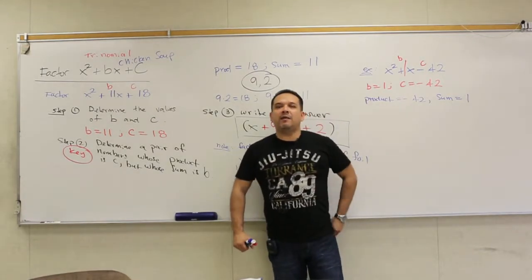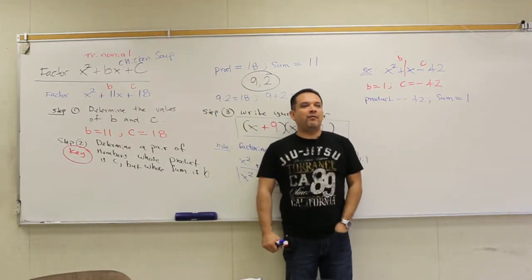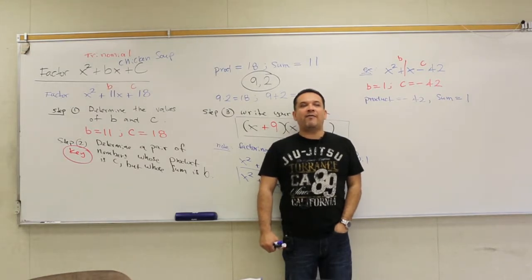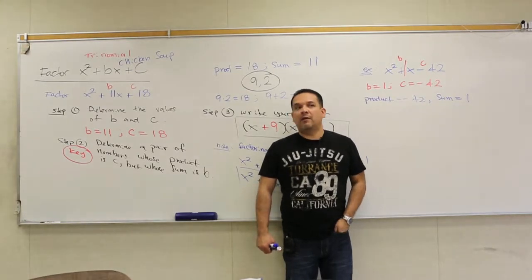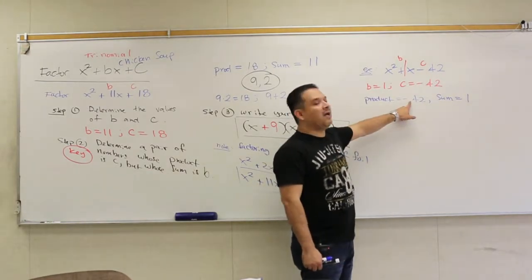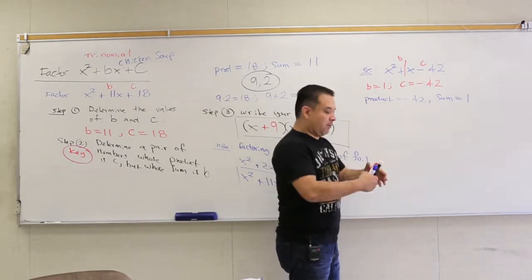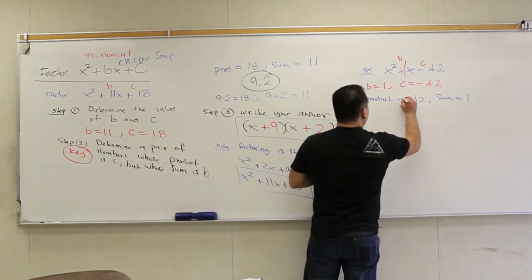Do you guys know what that means? The only way you can multiply a pair of numbers and have it be negative is if what? One of the values is negative. Because a positive times a negative is a what? A negative. What if they're both positive? Positive times a positive is positive. That's not what we have. We have a what? Negative.